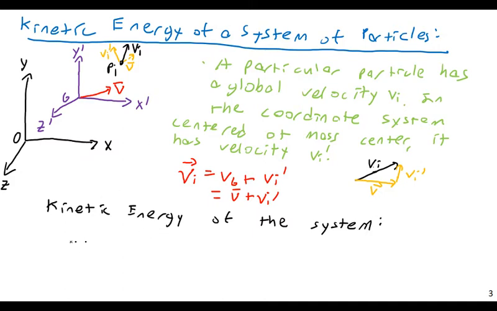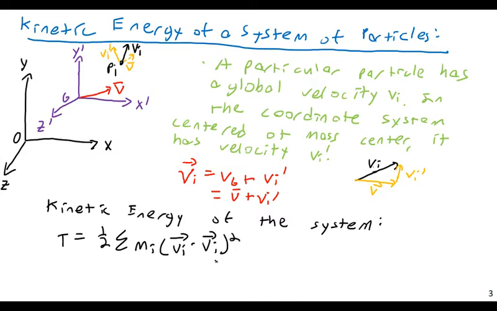But anyway, in our global reference frame here, T is equal to one half times the summation of all of our mv squareds, so mi times vi dot vi. I'm trying to express this in vector notation.